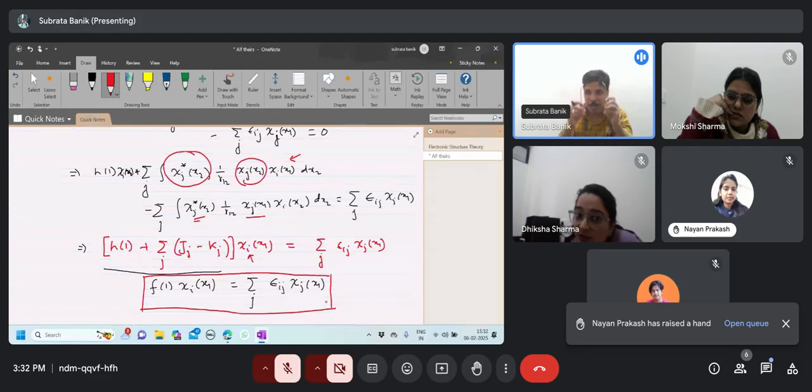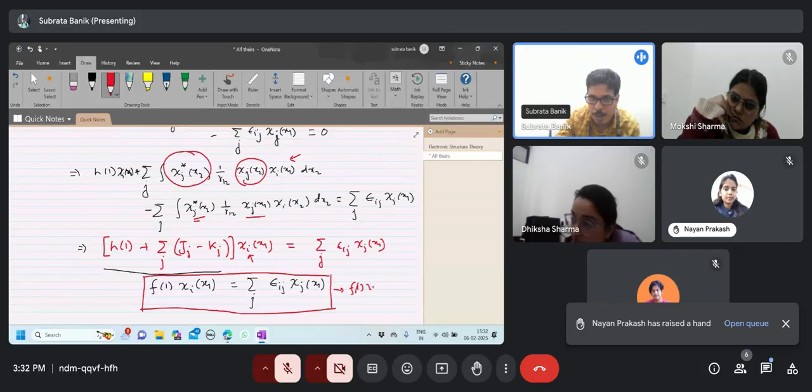We can't solve this. What we want is something like f of 1 chi i of x1 equal to epsilon i chi i of x1.